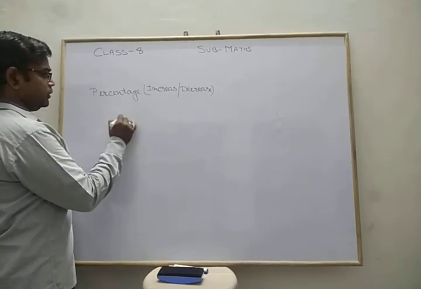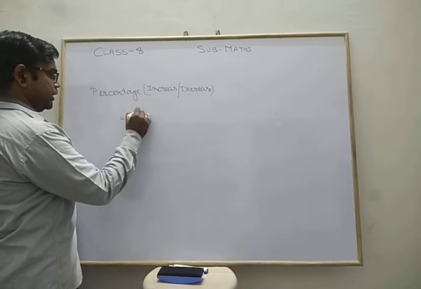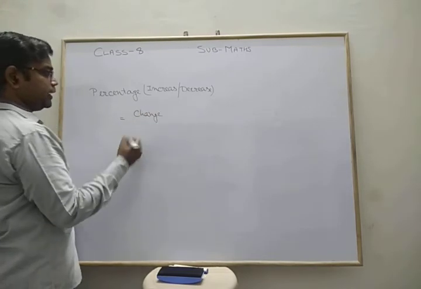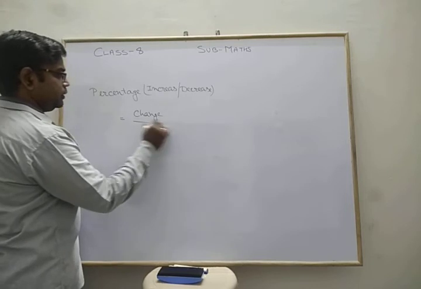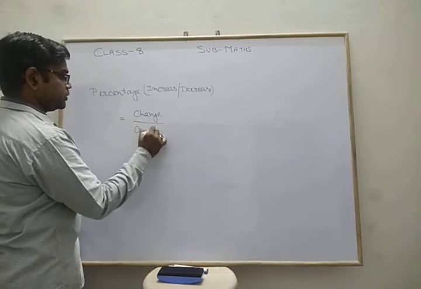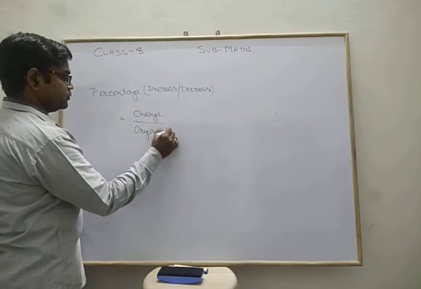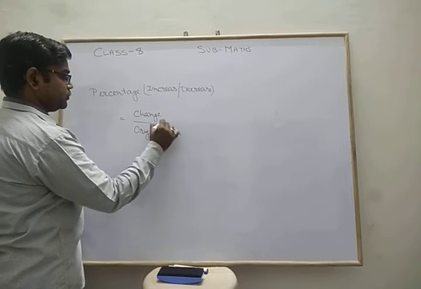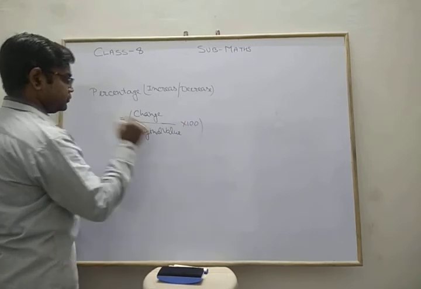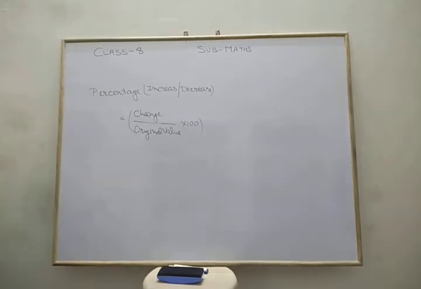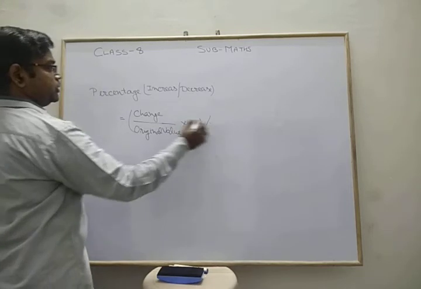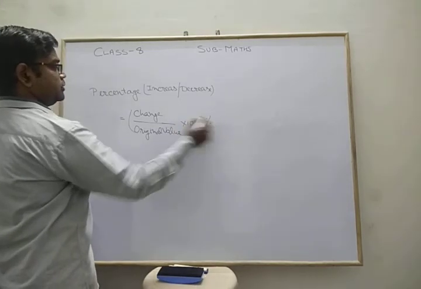So to remember, you must write down: actual change, what happened, then original value. This is most important. We must know the original value, into 100. This is the concept of percentage increase and decrease.